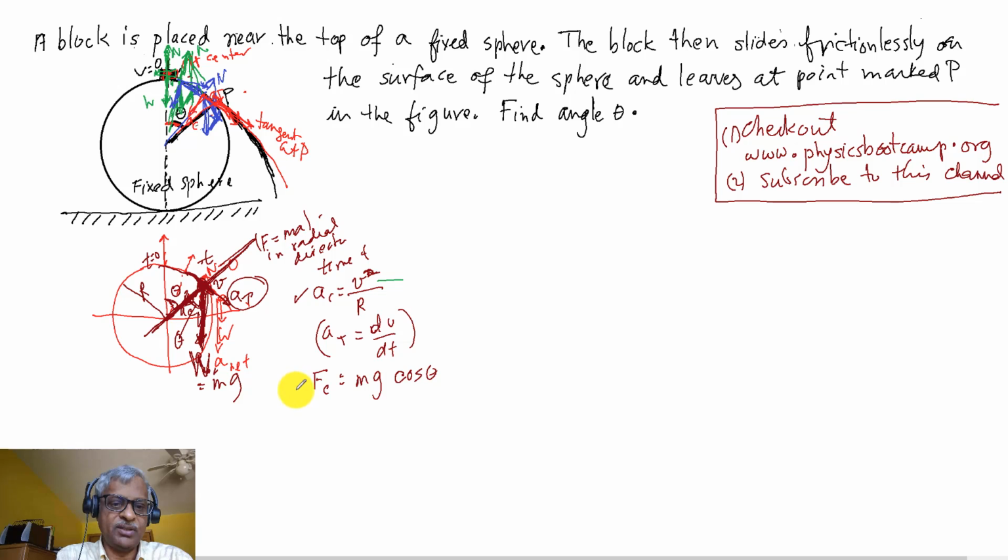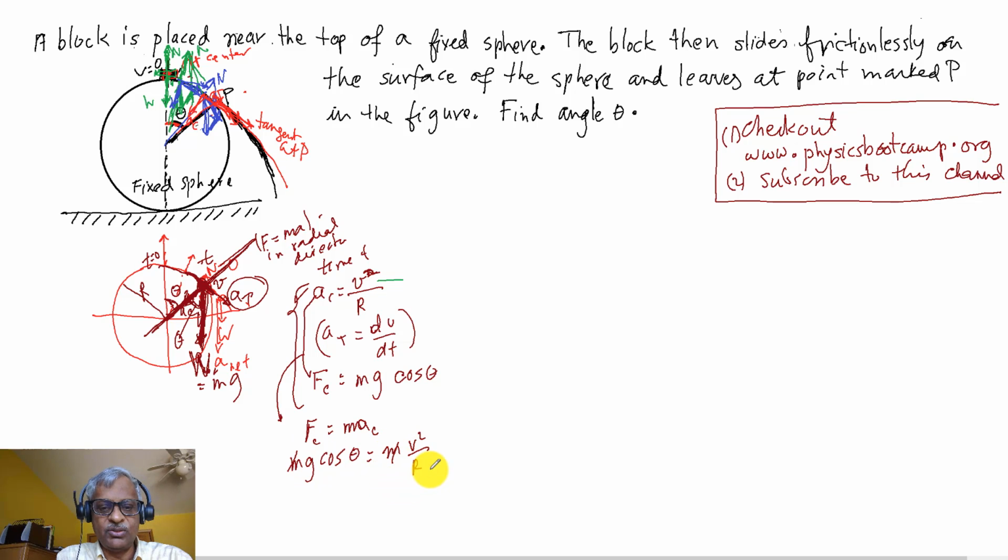Using these two, we can write FC equals m AC, and that gives mg cosine theta equals m v squared over r, and m cancels out. At this point we do not know what v is and what theta is. So let's call this equation 1.